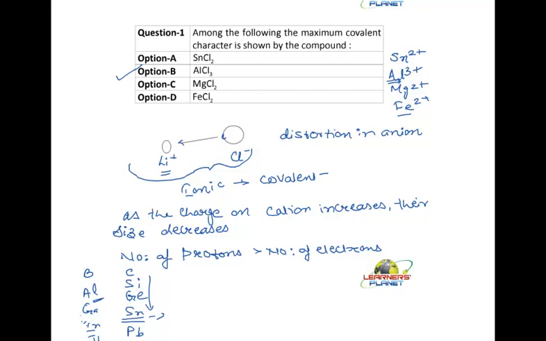Now students, while working on this problem, keep two things in mind. First of all, the size of the cation and anion. The cation which has the smallest size will have maximum covalent character, and in the case of anion, the one which has the largest size will have the covalent character. So you have to remember Fajan's rule and of course the sizes.